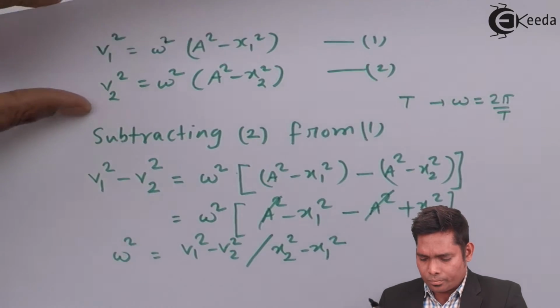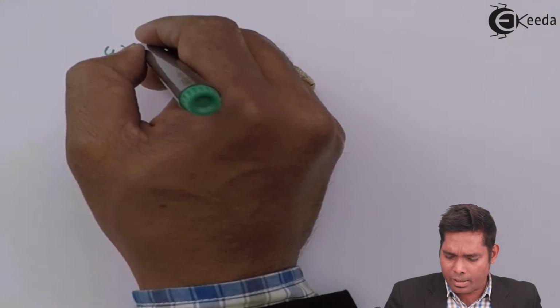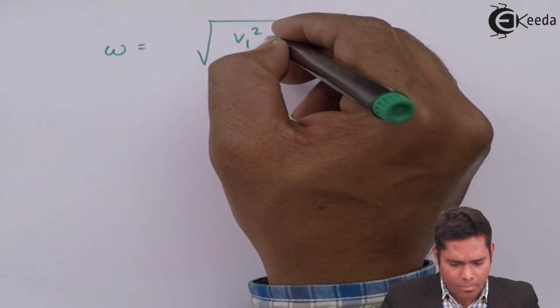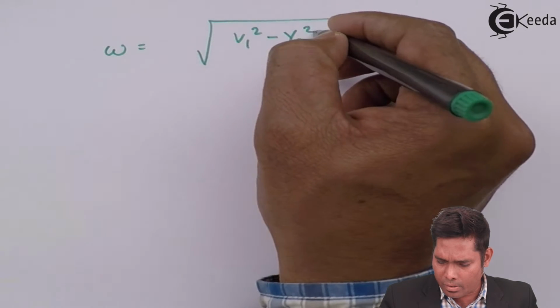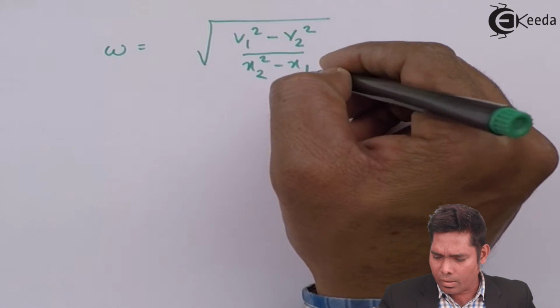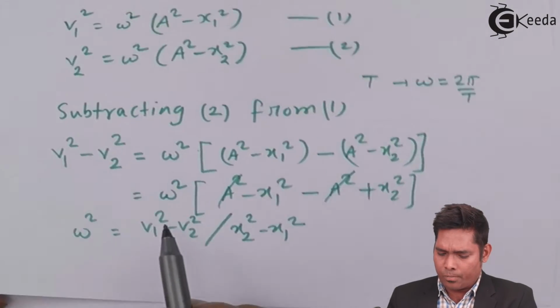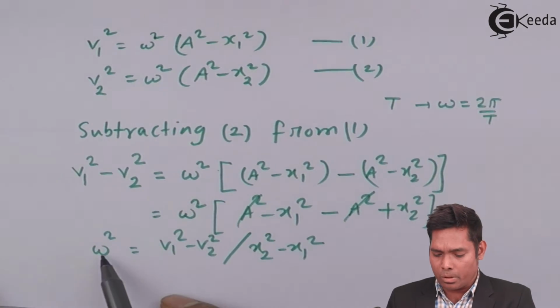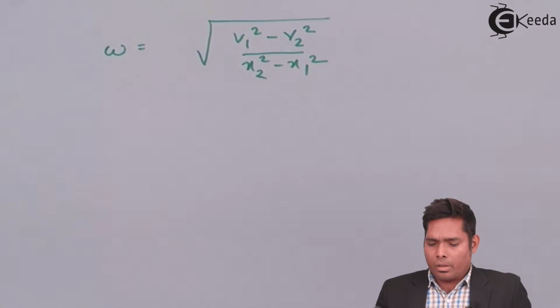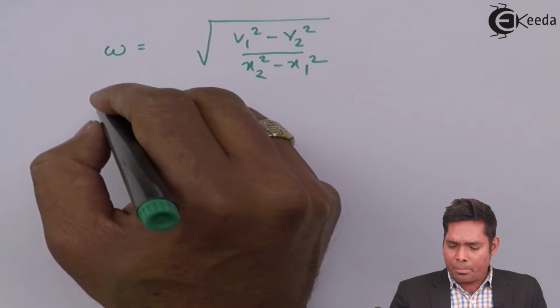Now omega can be written as under root of v1 square minus v2 square divided by x2 square minus x1 square, just taking the square root on both sides. And what about the time period?